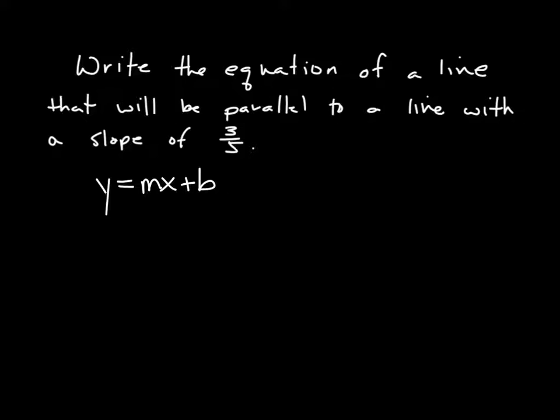What I need to remember is that my current slope is 3/5, so the slope of my new line has to match that. I'm going to replace the m, as we talked about before, so y equals 3/5 x. In this case, I'm just making an equation, so I can put anything here.